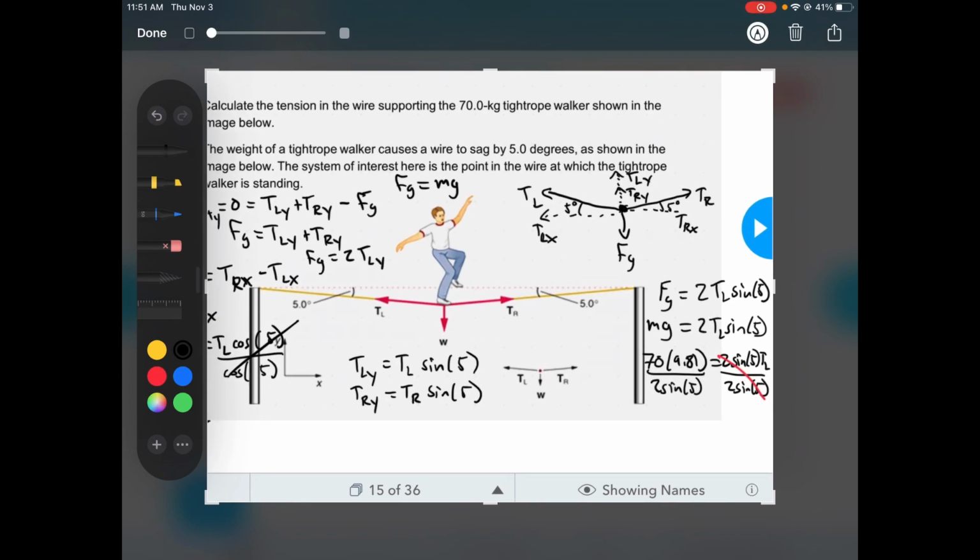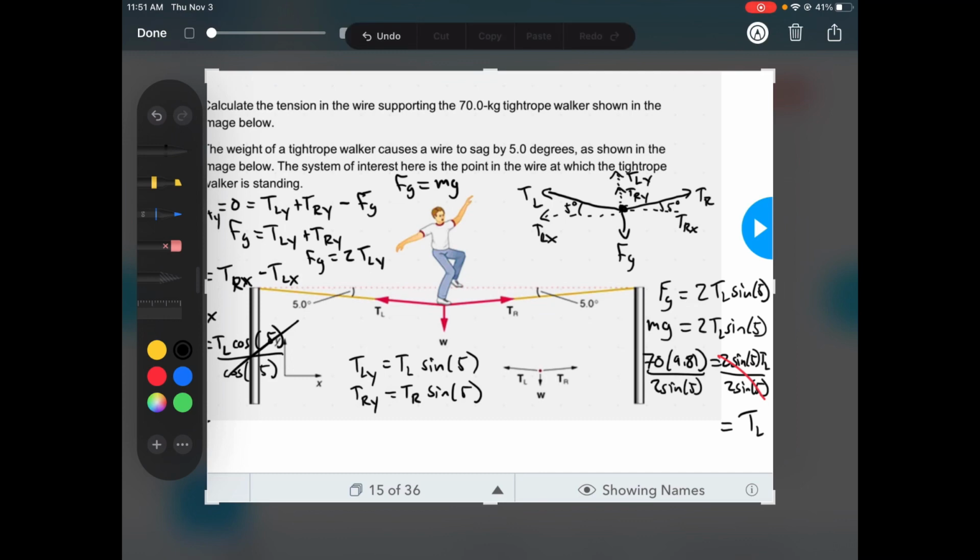Sorry, I'm running low on space on this side here. There we go. So now we're down to 70 times 9.81 divided by 2 times sine of 5.